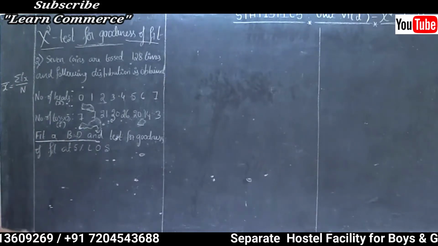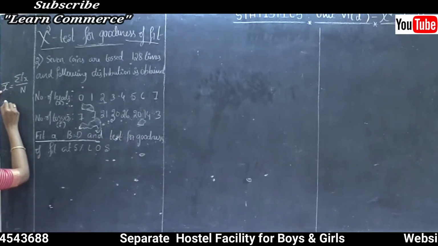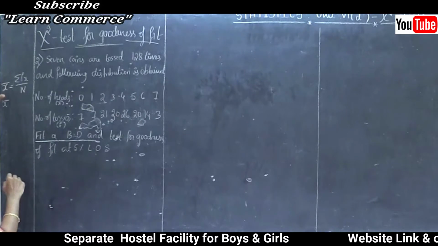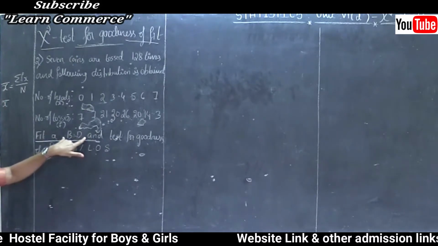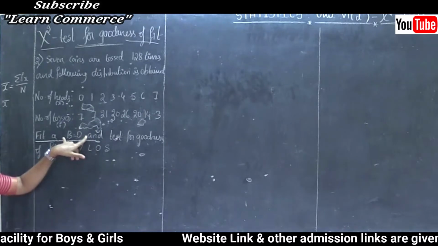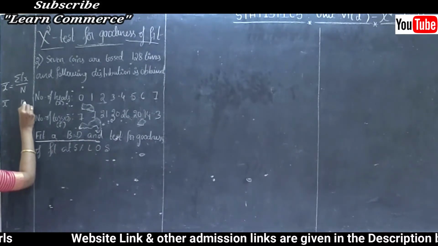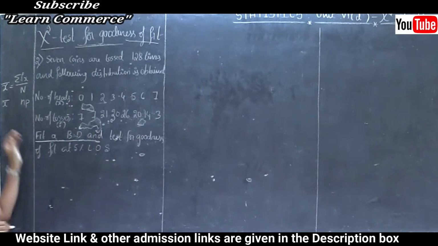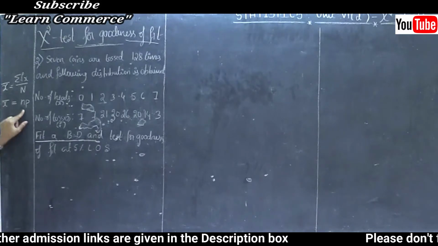Then what is step 2? Step 2 is to equate the mean of the observed frequency distribution to the mean of the binomial distribution, and the mean of the binomial distribution is NP. So we equate x bar and NP: x bar is equal to NP.